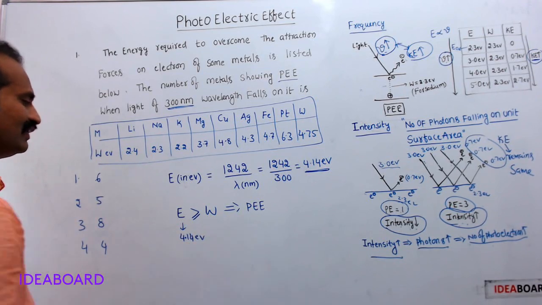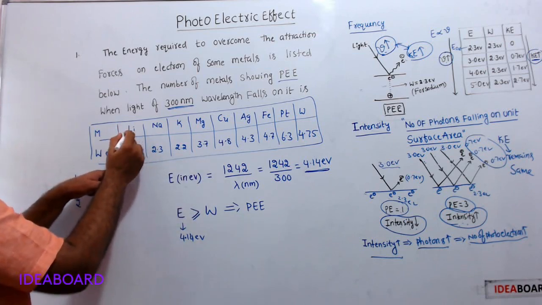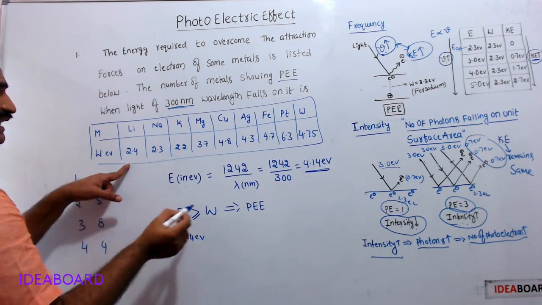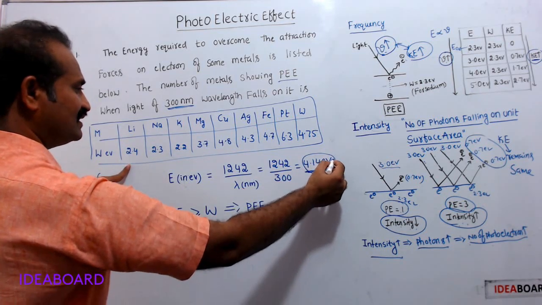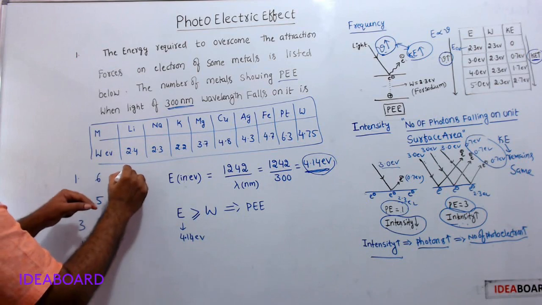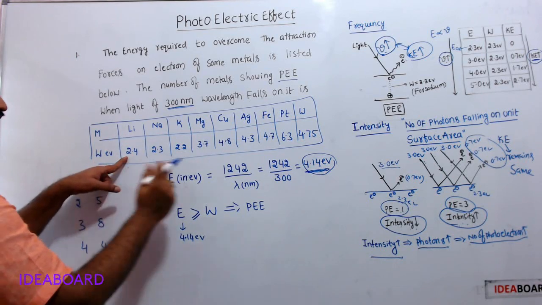Here the energy of the incident photon is 4.14 electron volts. Come to the first metal, lithium. The energy of the incident photon is constant, 4.14. Compare this with the work function: in the case of lithium the work function is 2.4.